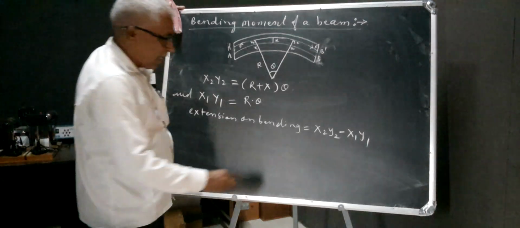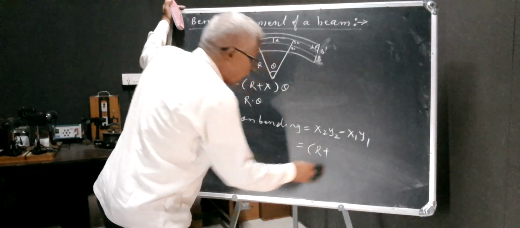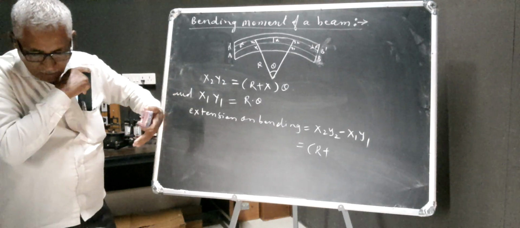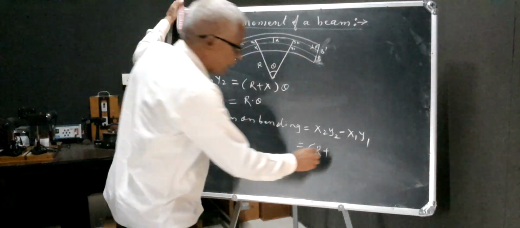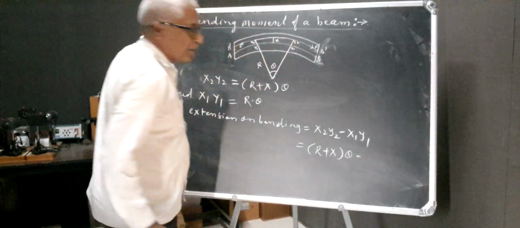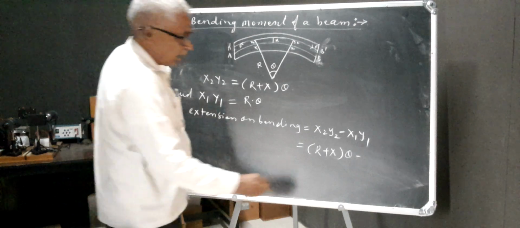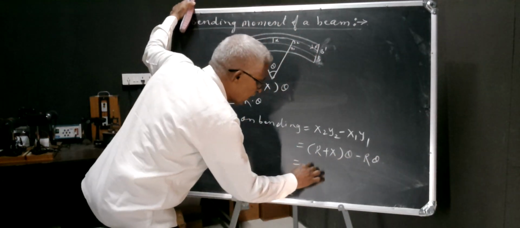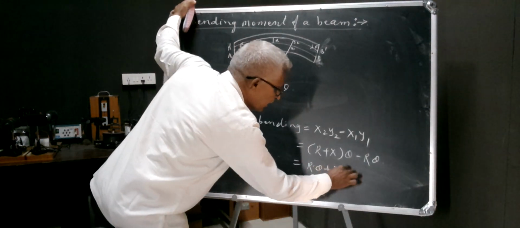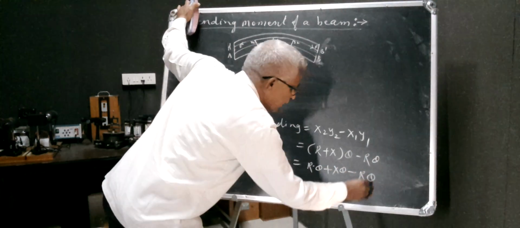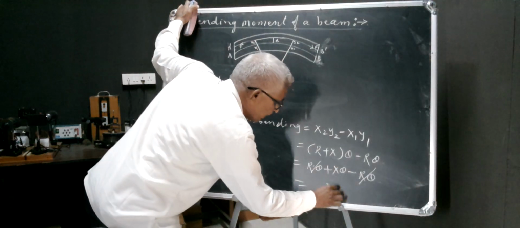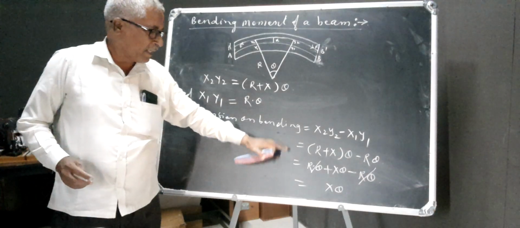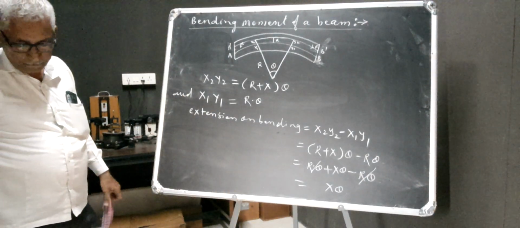This can be written as r plus x into theta minus r into theta. Multiplying theta into the bracket, we get r theta plus x theta minus r theta. The r theta gets cancelled, and we get x theta. This is the extension on bending, equal to x into theta.